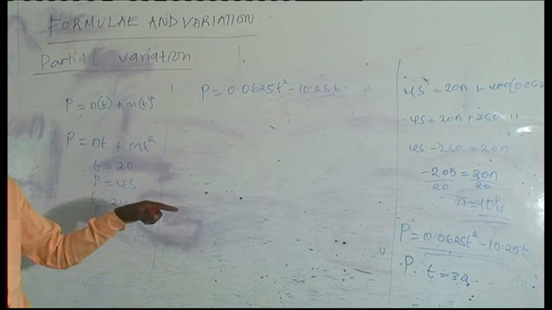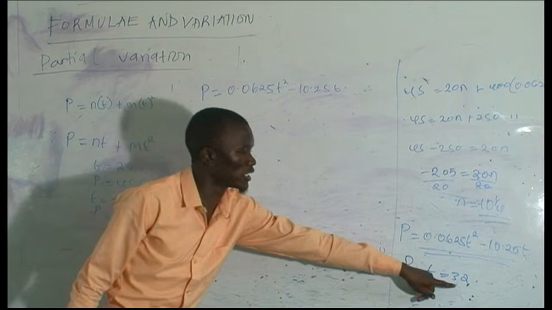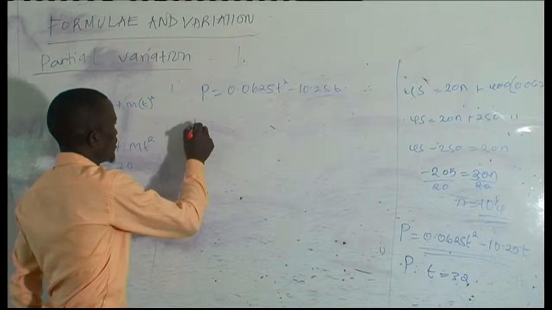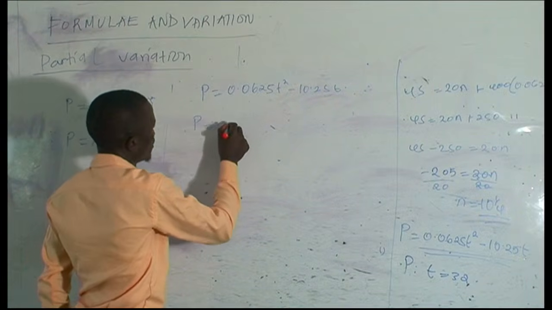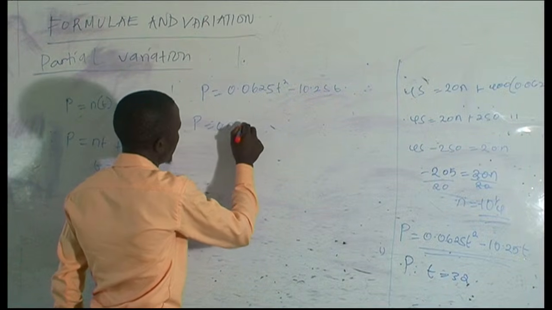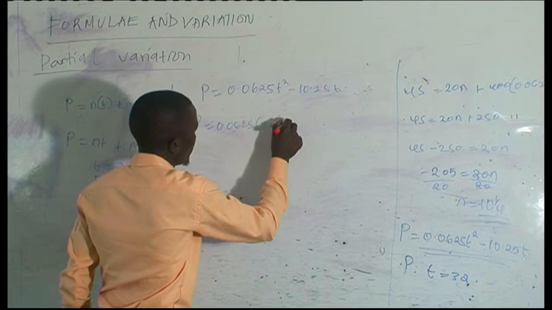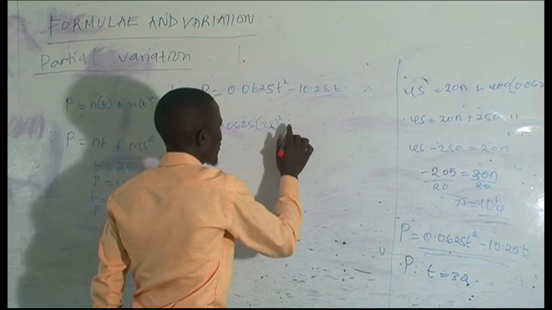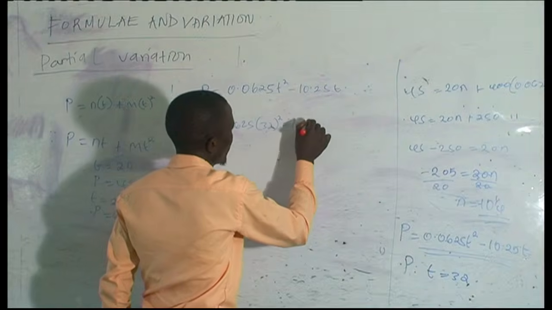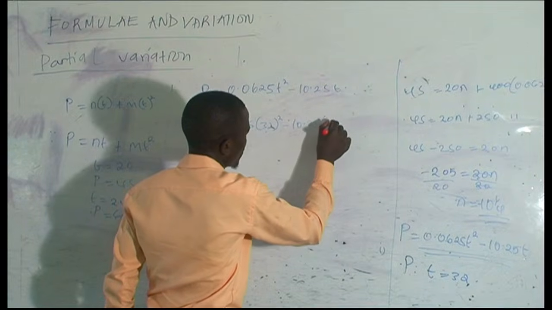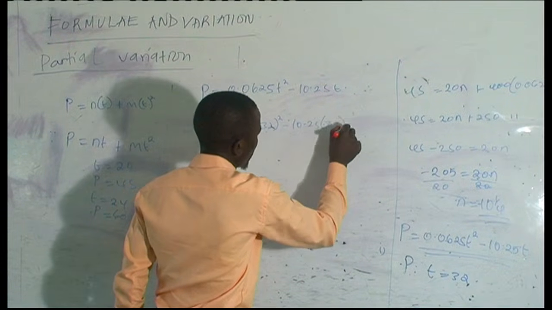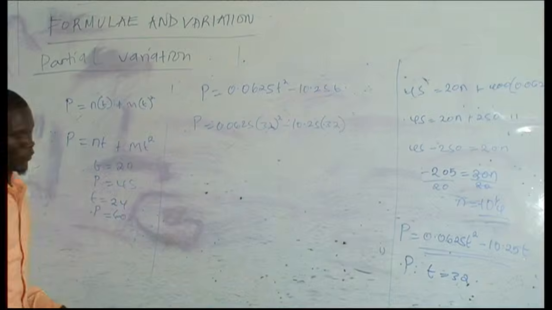Where there's t, replace with 32. So that we have P is equal to 0.0625 into 32 squared, now it is minus, 10.25 into 32.